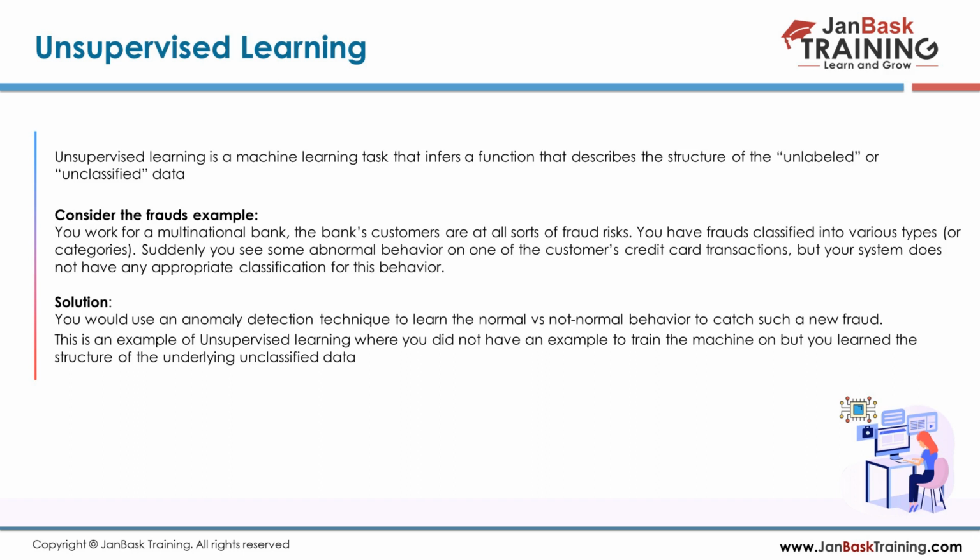You can take the example I have given you earlier in anomaly detection, the bank fraud. That's what it talks about. If you work for a multinational bank, the bank's customers are at all sorts of fraud risk. If you have frauds classified into various types, and suddenly you see some abnormal behavior on one of the customer's credit card transactions, but your system does not have any appropriate classification for this behavior, the solution is the anomaly detection technique.